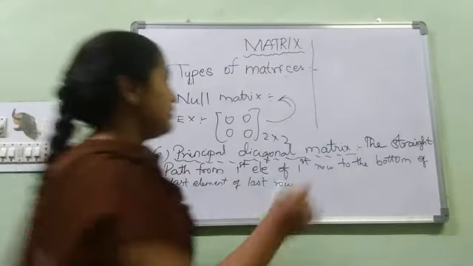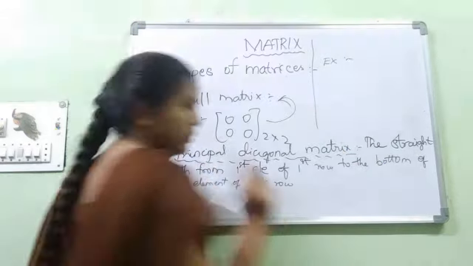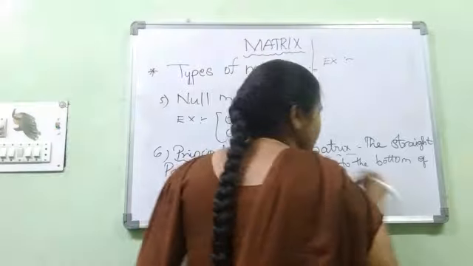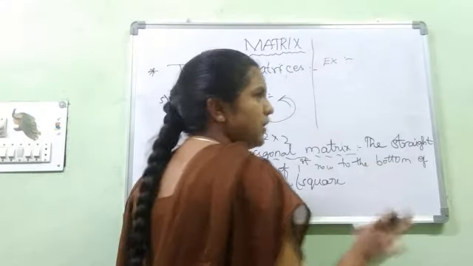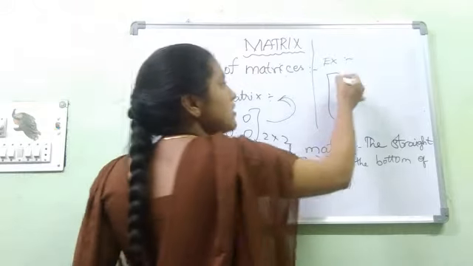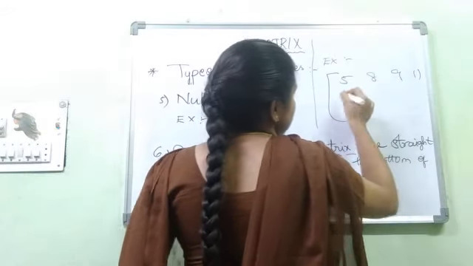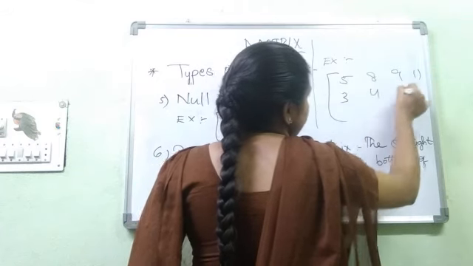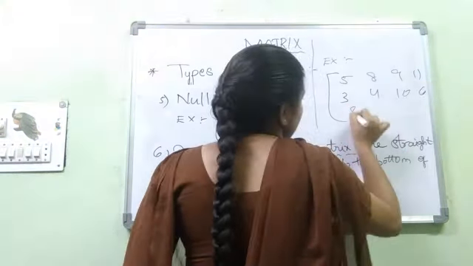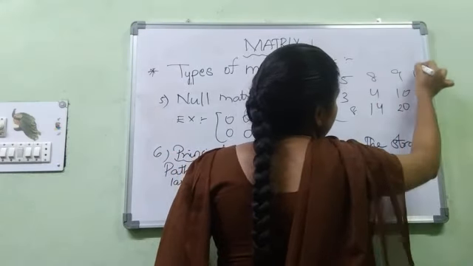I'll tell you this by an example. But one of the properties is it should be a square matrix. Whatever the order of the matrix may be, it should be a square matrix. I am taking one example, a square matrix. 5, 8, 9, 11, 3, 4, 10, 6, 8, 14, 21.